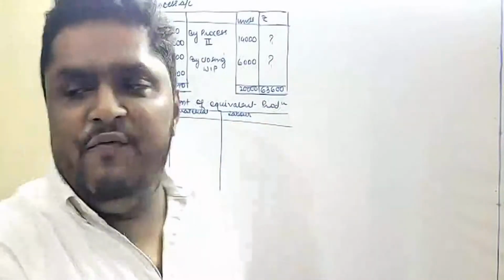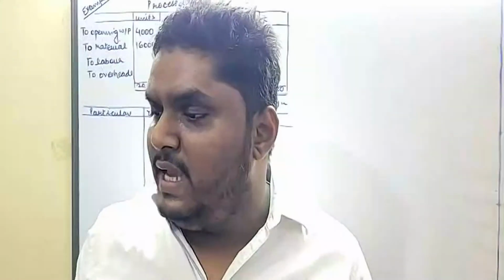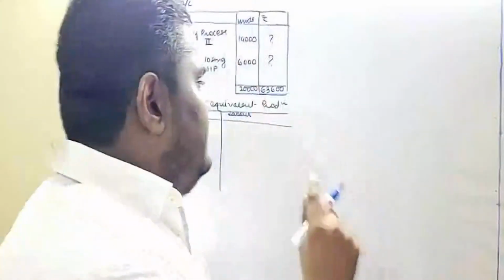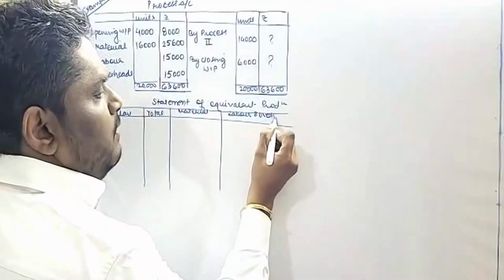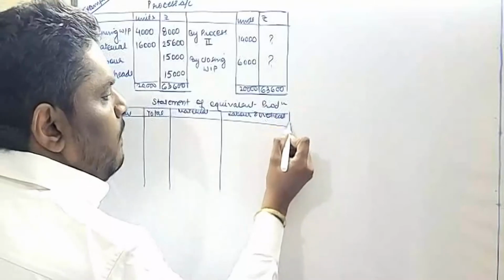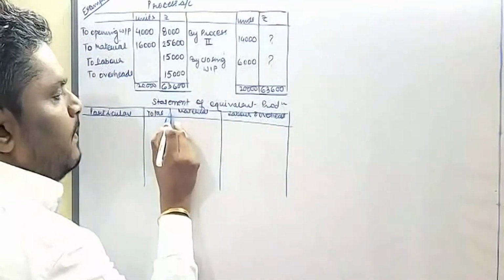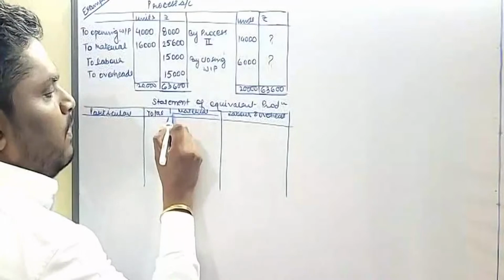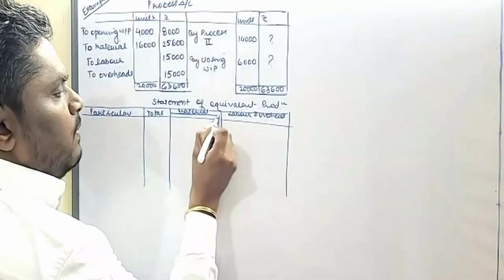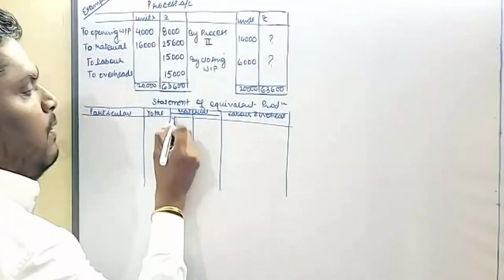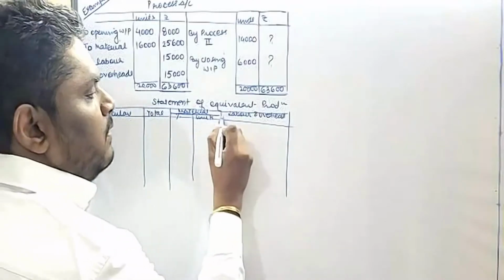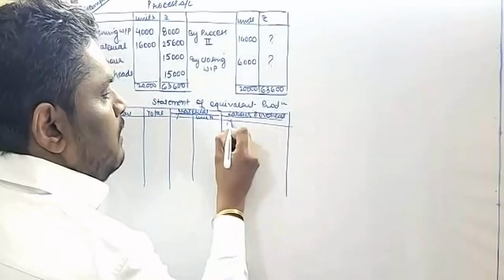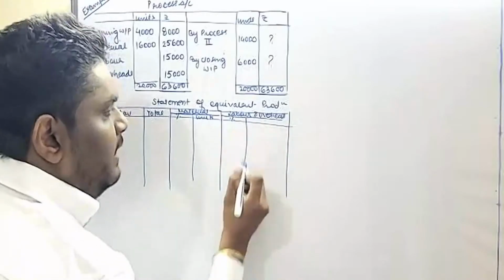Since the percentage of completion of labor and overhead is same in case of opening work in progress and closing work in progress, we'll be preparing only one column, that is labor and overheads. The percentage of completion and units.